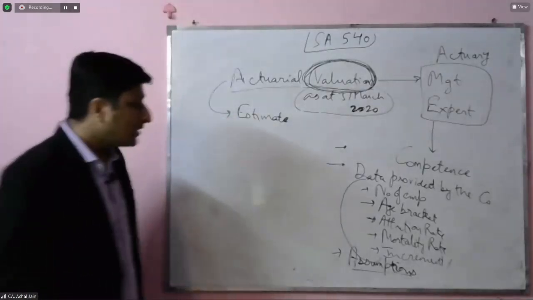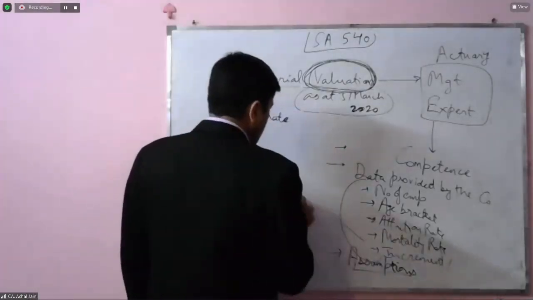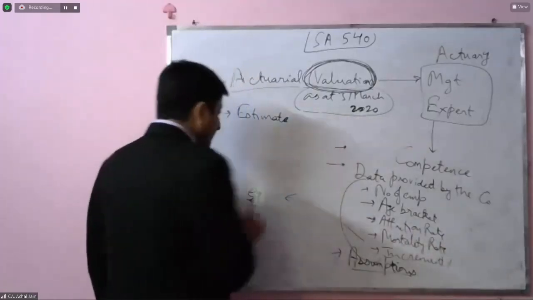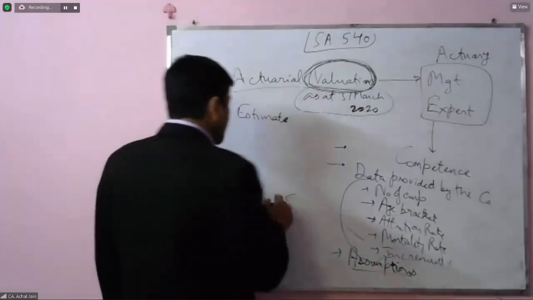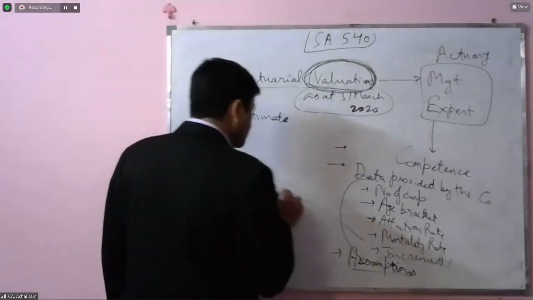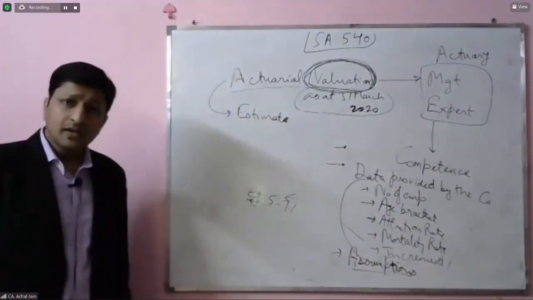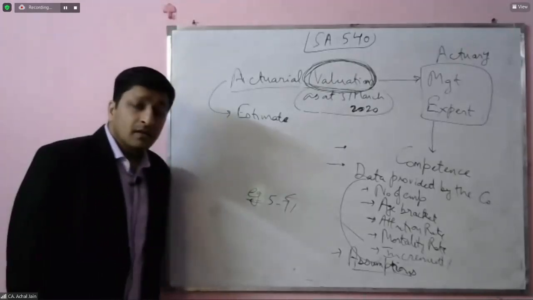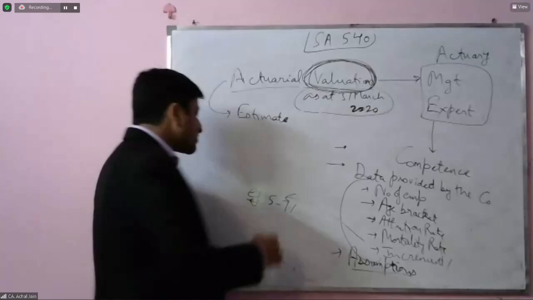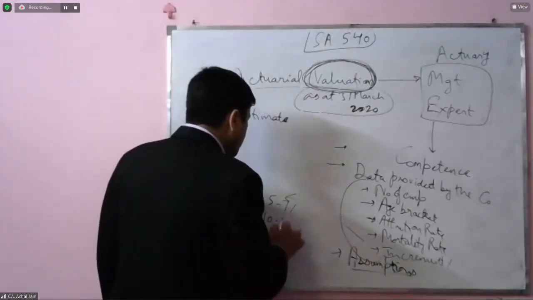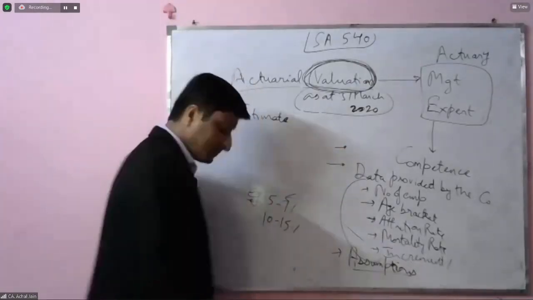If all of this is in line with the trend analysis, it's absolutely fine. It should not happen, for example, that the increment percentage of the company is within the range of 5 to 7%, but when this data is given to the actuary, company is showing an increment percentage of, let's suppose, 10 to 15%.